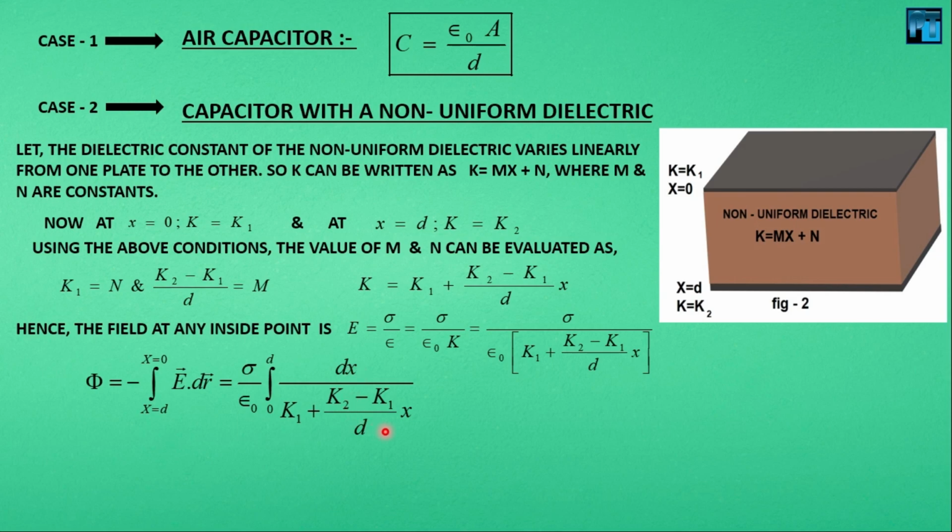Now here (K2 minus K1) by d is the coefficient of x, so the result becomes 1 over (K2 minus K1) by d, that is d by (K2 minus K1), times ln of the whole thing. I am quite sure that you can easily calculate the lower and upper values, thereby putting those limits here.